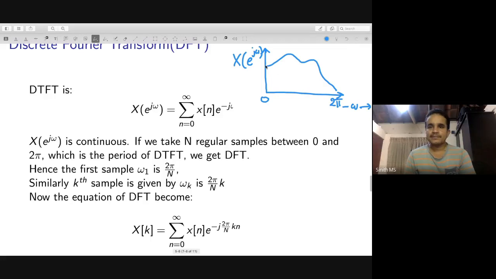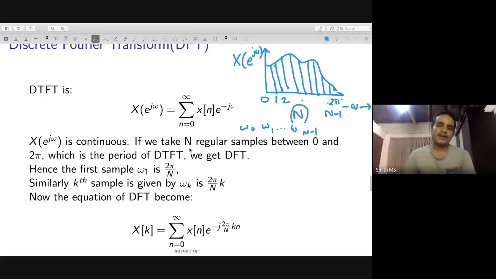Now, these are several samples. Let there be N samples, 0, 1, 2, 3, up to N minus 1, so the total is N samples, starting from ω0, ω1, up to ω_{N-1}.